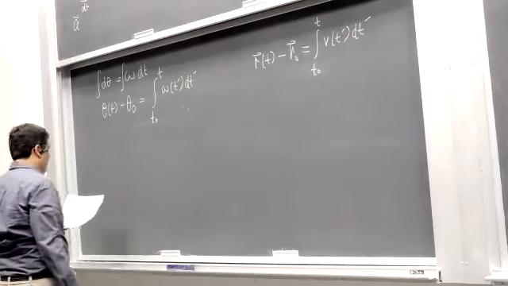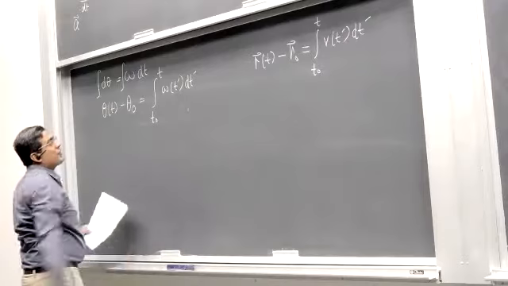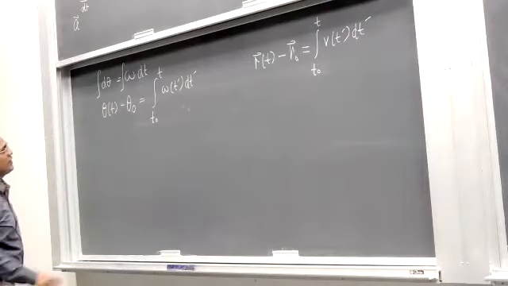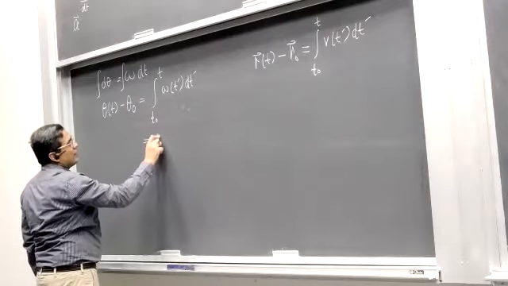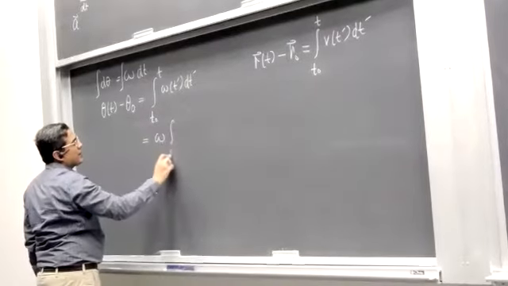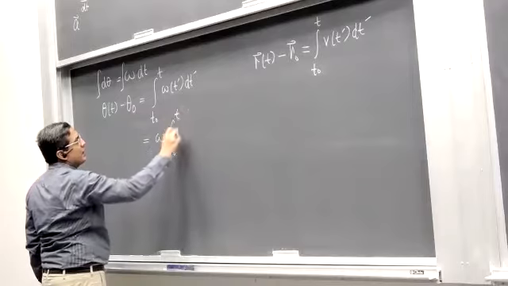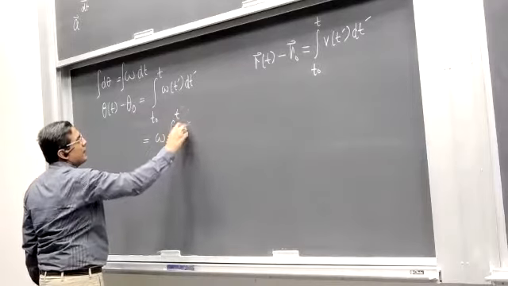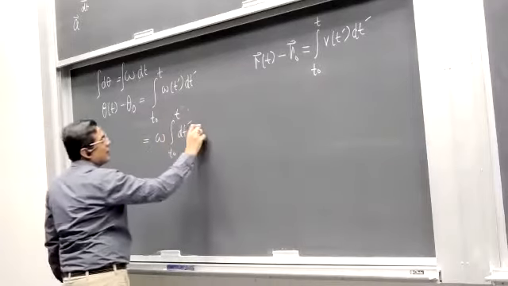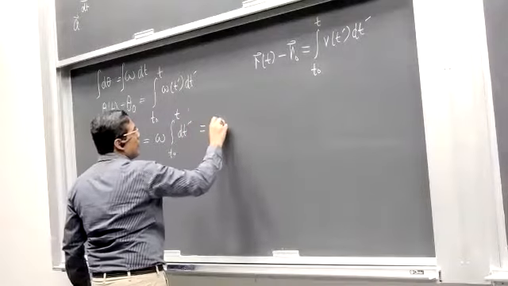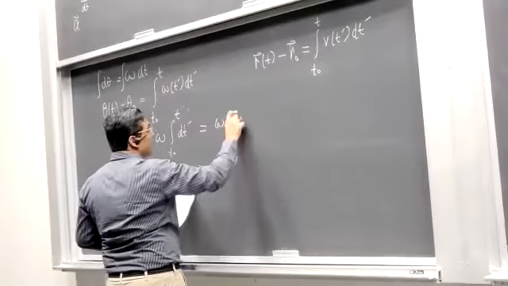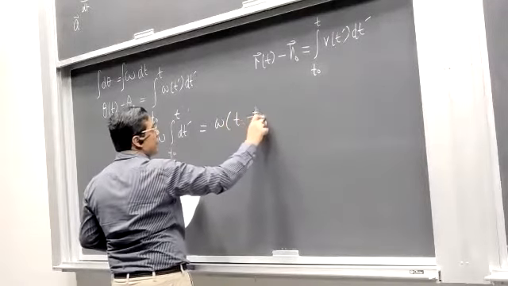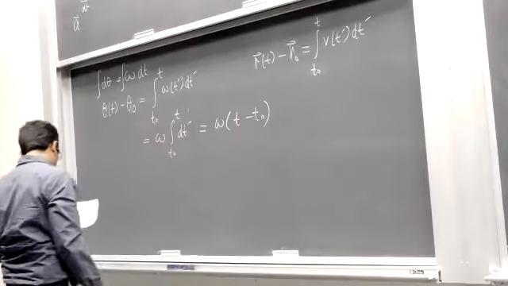And then if the omega is constant in time, no longer changing, we can just take it outside of the integration. The rest of the integration would be just dt prime, and that is nothing but omega times t minus t naught.